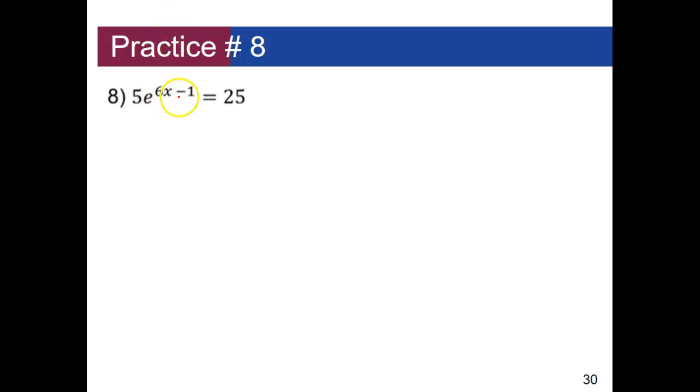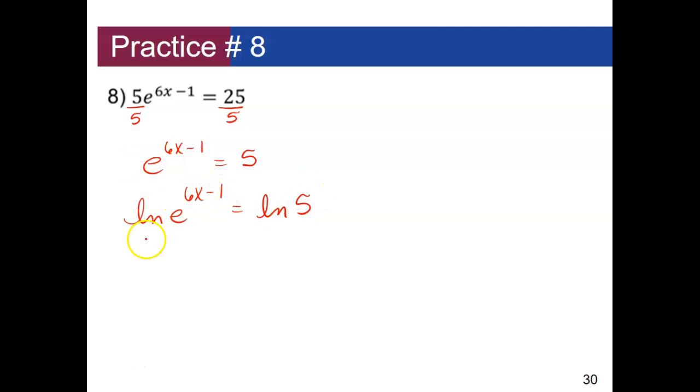Okay, next one here, we want to again get this exponential by itself. So I'm going to divide by 5. So e to the 6x minus 1 equals 5. This time I'm going to take the ln of both sides, the natural log, simply because I have a base of e, and we know that natural log and e cancel each other.